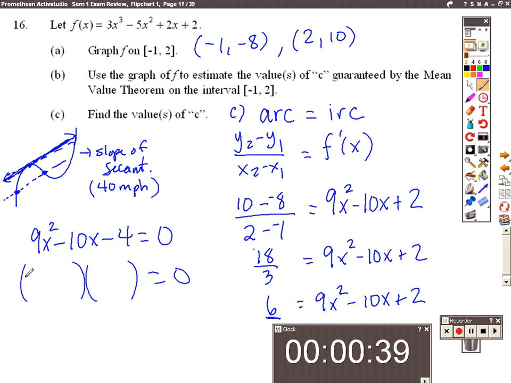Factoring to solve this, 3x, 3x, 4, not sure how this is going to factor out, but factoring this would solve the equation. Let's check this out.